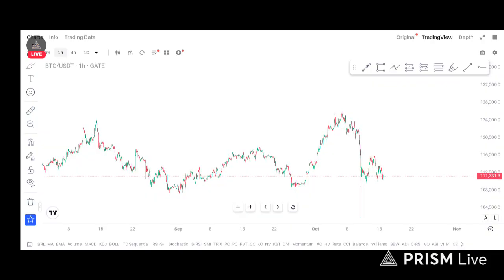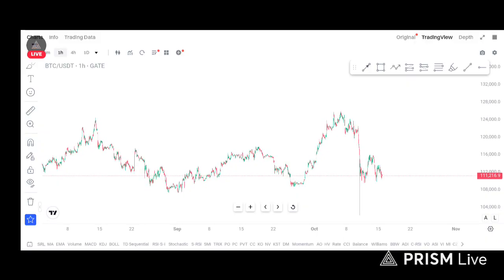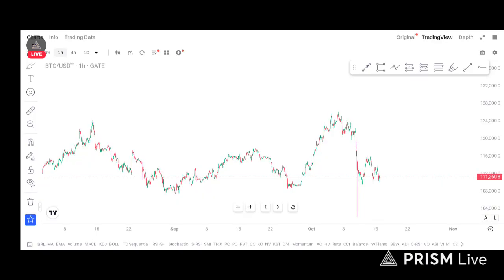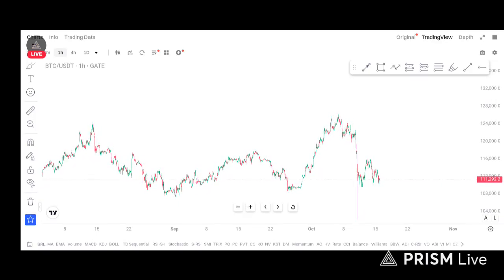Another thing is time frame correlation, like how different time frames work. These are the two major things I have in mind to show us today.